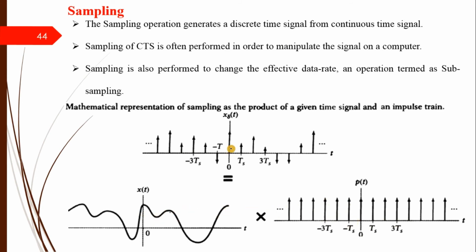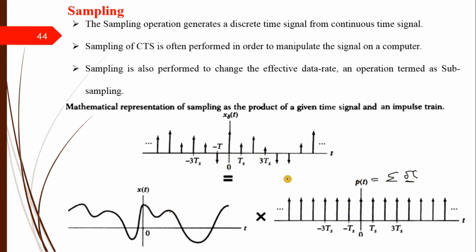Hence you will end up getting this signal. This signal x delta of t is the sampled signal. This is the original signal. This is the impulse train that I'm using for generating the sampled signal. The impulse train is found by summing shifted impulses of the delta function, using the shifting property. When I multiply it with a continuous time domain signal, you get the sampled signal.